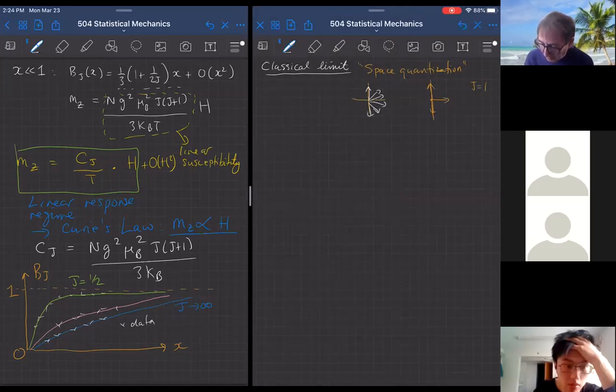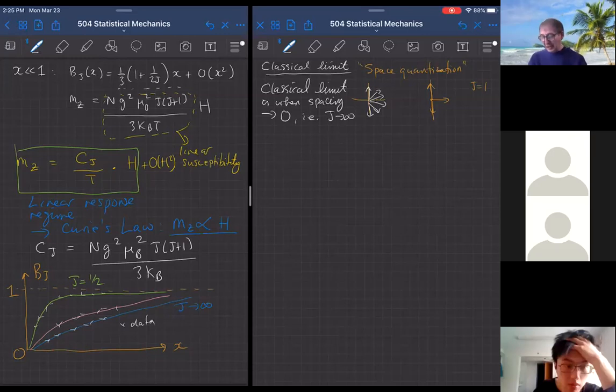And so what you want, if you want a classical limit, is when the spacing goes to 0, i.e. J is going to infinity.